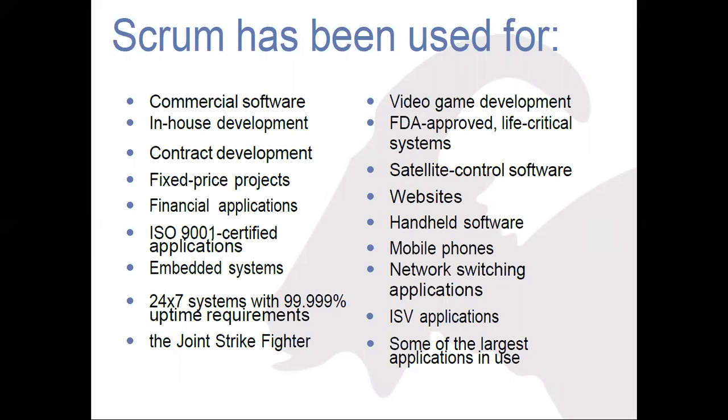It includes commercial software development, in-house development, contract development, financial applications, embedded systems, video game development, satellite software, websites, mobile phone applications, network switching applications, and lots of other kinds of development. Scrum is also used for hardware development.